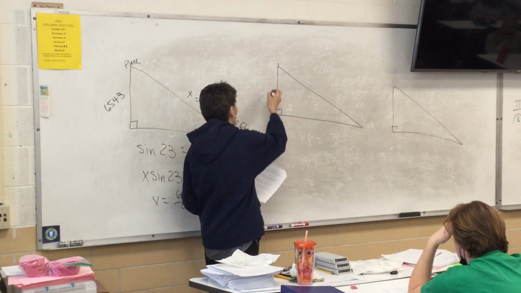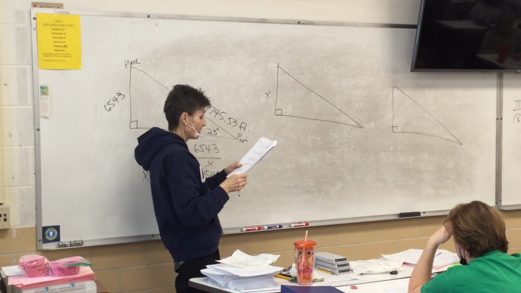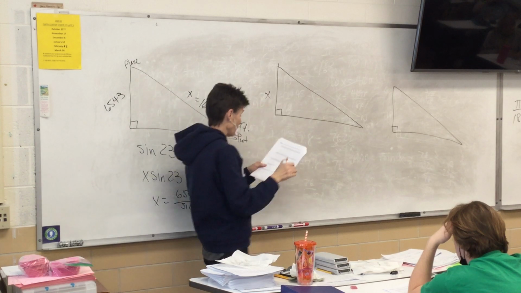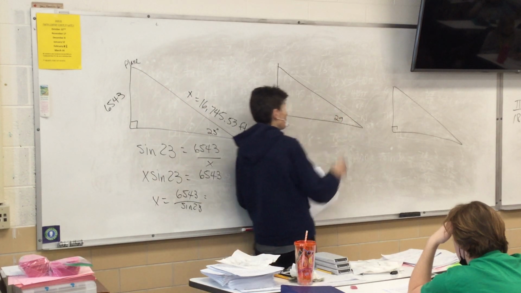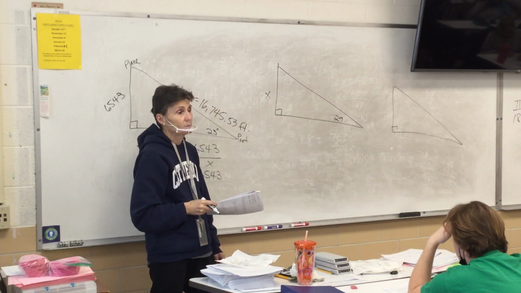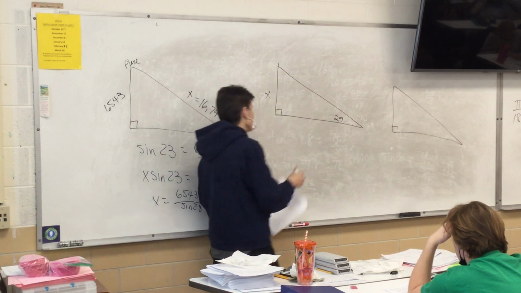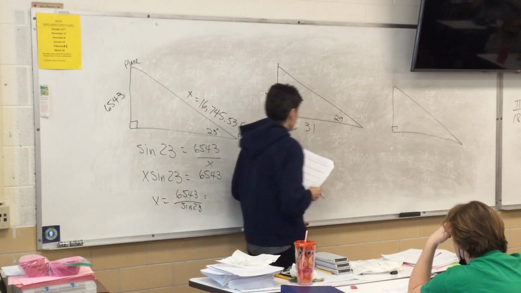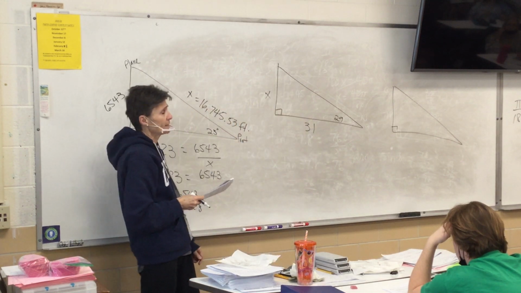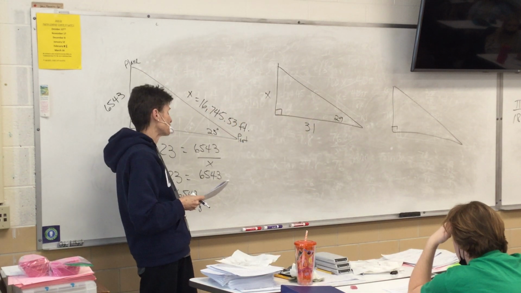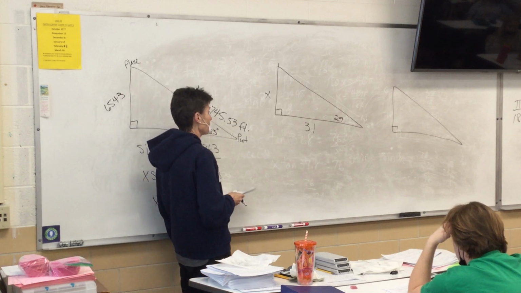Find the height of a flagpole. It makes a shadow 31 feet long when the angle is 29. Where do I put the 31? On the bottom. So many times kids put that 31 on the hypotenuse. No, no, no, it's a shadow. It's on the ground.